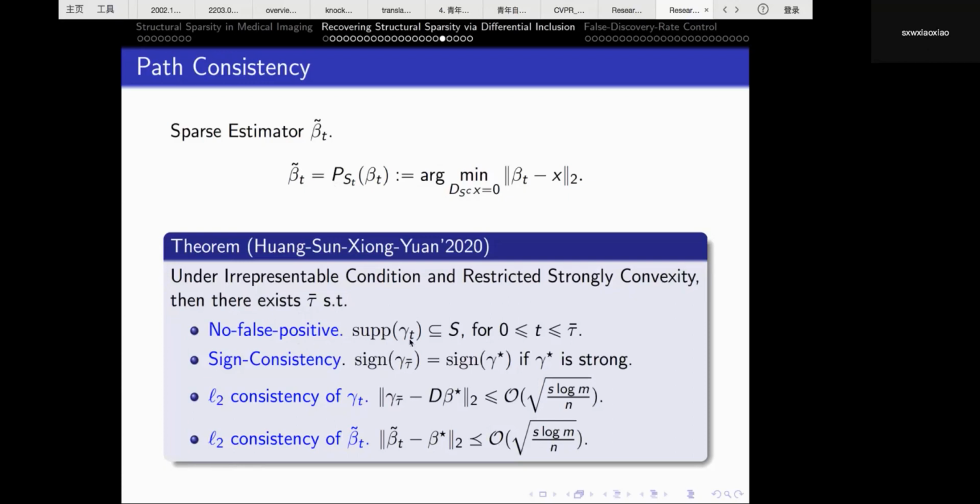We can first guarantee no false positives, that the early selected features belong to the true signal set. And when the algorithm stops at tau bar, we can recover the sign of the true signals, and also obtain the minimax optimal result in terms of L2 error.